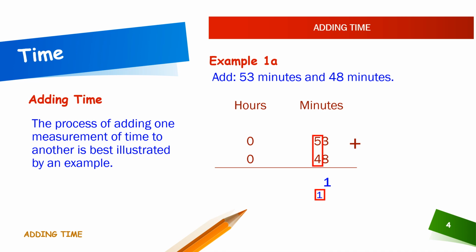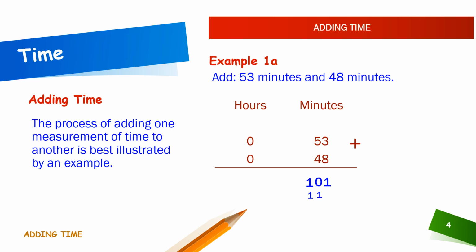And 5 plus 4 plus 1 is equal to 10, giving us 101 minutes. Now clearly 101 is greater than 60, so we need to convert to hours and minutes.